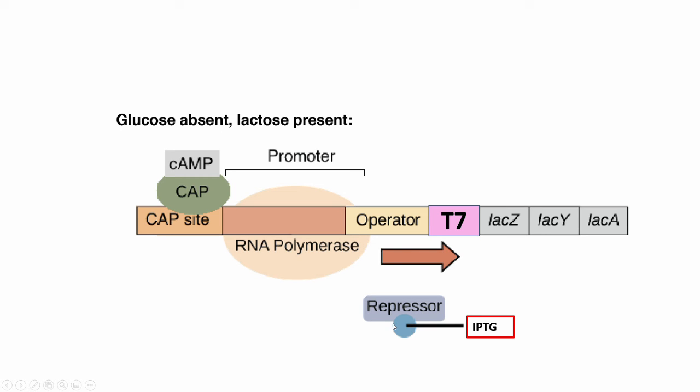It's able to bind to the repressor and knock it off, allowing for the transcription of our T7 RNA polymerase, as well as beta-gal. But the good thing is this beta-gal and our beta-gal cannot break down IPTG. So it's just able to sit in solution and continuously knock off this repressor to cause the system to constantly make more and more T7 RNA polymerase.